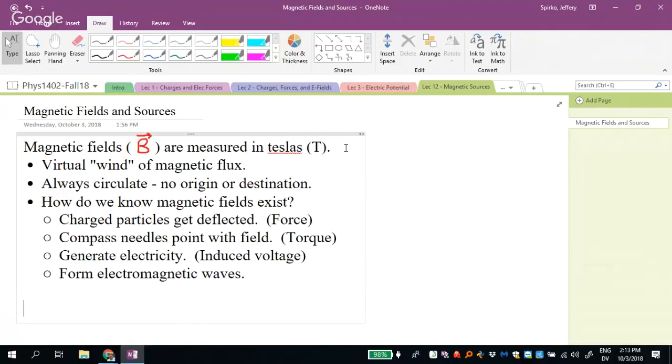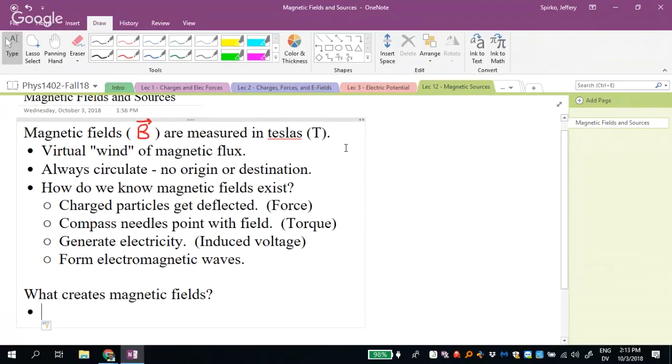Now, before we get into the details of any of those things, I want to talk about what creates magnetic fields. And there are basically only two things in the universe that can create magnetic fields.